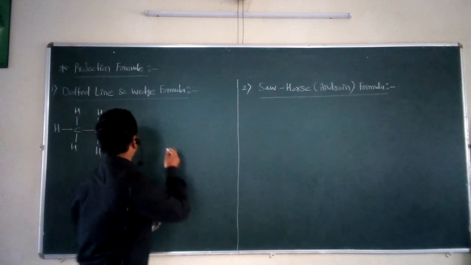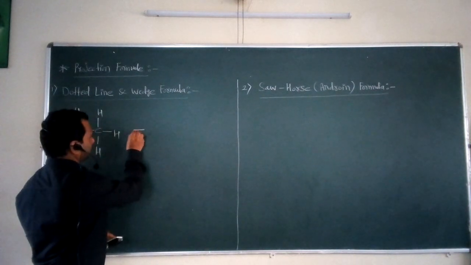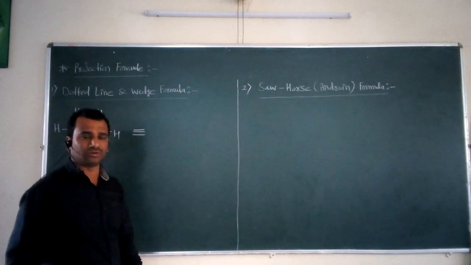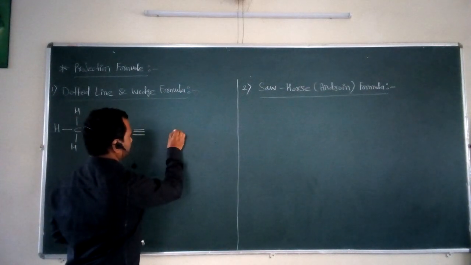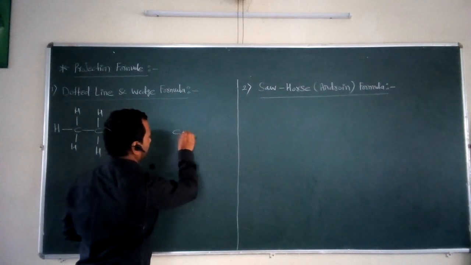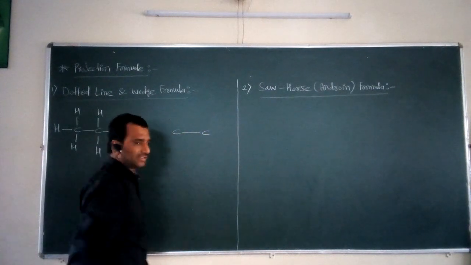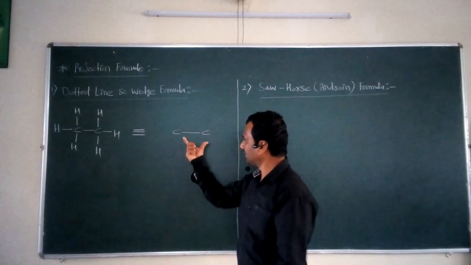In order to draw the dotted line and wedge formula for this given molecule, what do we have to consider? We consider our regular plane. We consider this carbon single bond carbon in a regular plane.